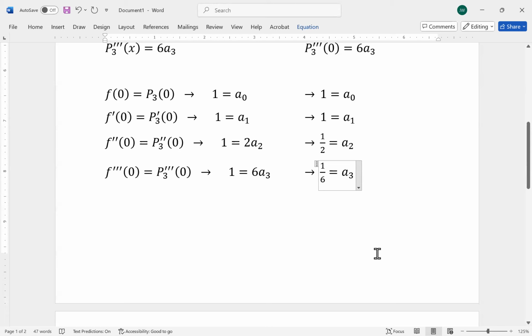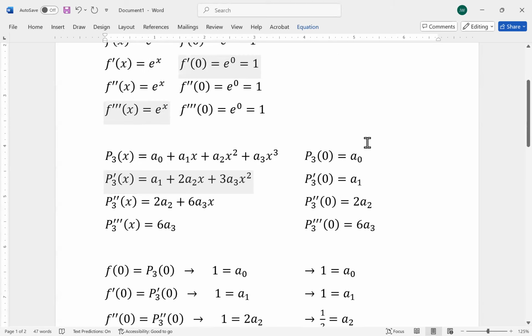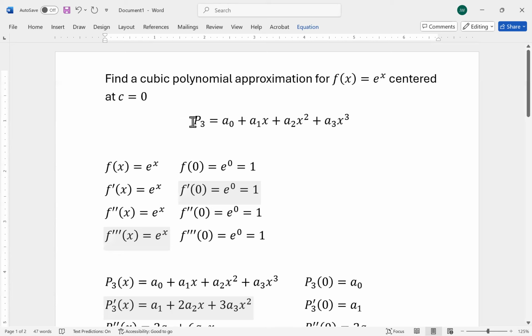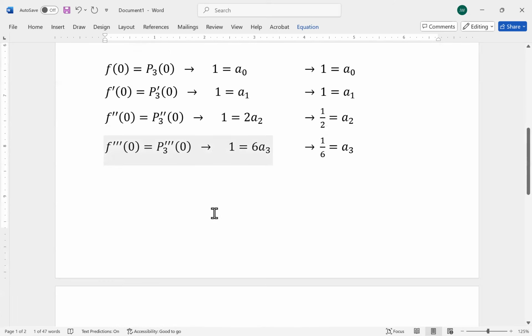Now I have the coefficients that I was looking for in my polynomial. I knew my polynomial was going to look like this. Now I know what those coefficients are. And we call this the Taylor polynomial of degree 3.